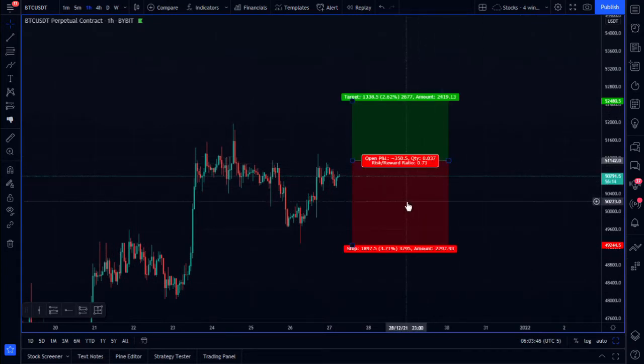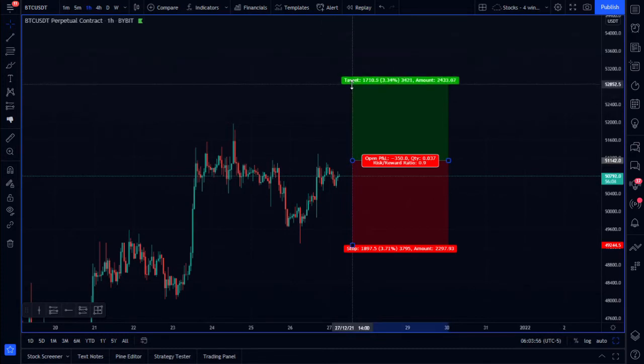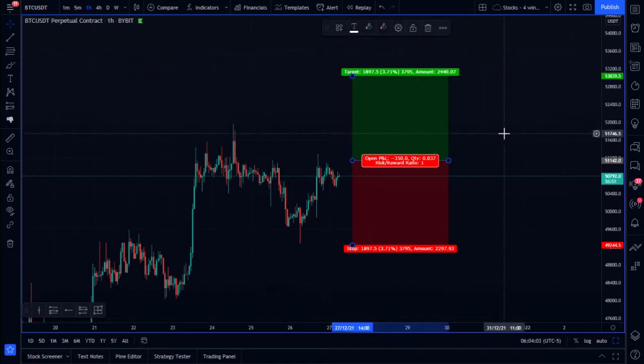Okay, and just to keep things simple, we're going to go for a 1-to-1 risk to reward ratio. So at the moment it's at 0.71. So let's just expand that. I'm just trying to get as close as possible, so you get the idea.